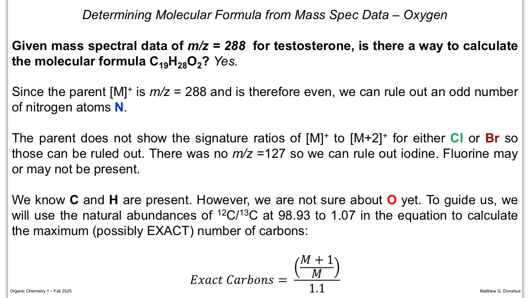And in the prior exercise on Monday, we used the atomic mass of carbon being 12 to determine the upper limit of the carbon count. The equation that's shown here gives you the exact number of carbons. And the reason this works is because of the natural isotope abundances of C12 to C13. It's 98.9 to 1.1.